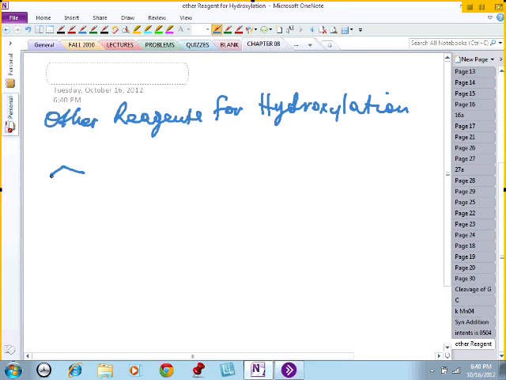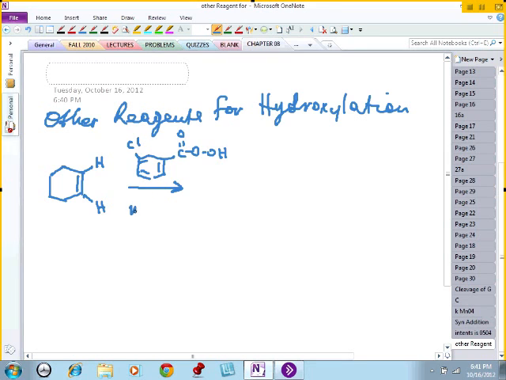If I have this, and I have this reagent here, we call this m-chloroperbenzoic acid.